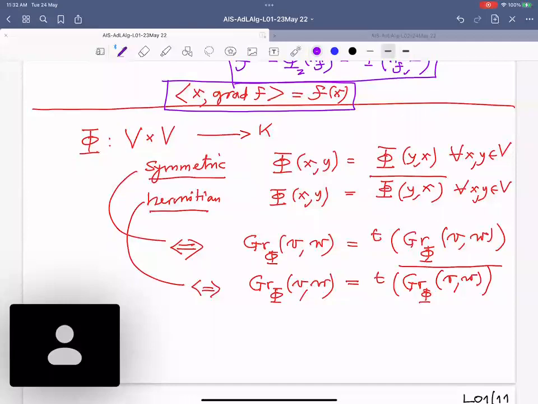And symmetric means the Gram matrix with respect to a basis is symmetric, and in the Hermitian case, Hermitian means the matrix equals its conjugate transpose. That's written here.